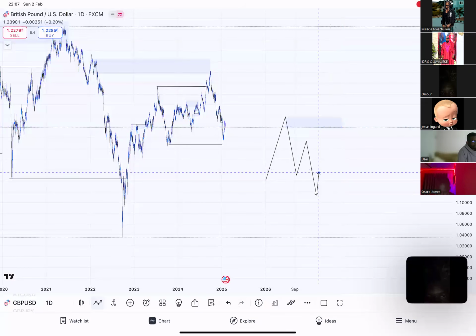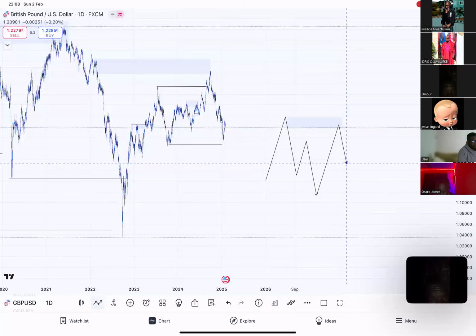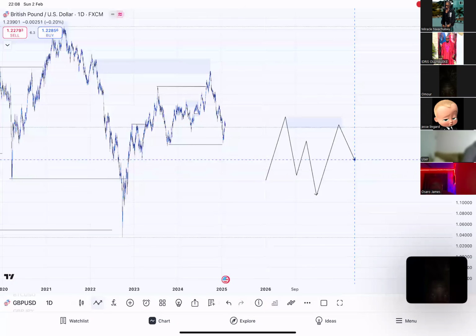You have that mindset the market is going up to reach. Then when market reaches your zone, you change direction to start selling. I don't know if you're understanding me. Yes. So that's it.